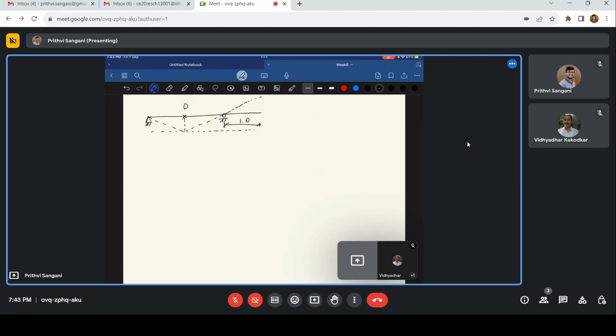So how much is this? This turns out to be 1.5 meters, and this is also 1.5 meters. So we'll just cross verify by using the actual ones. So we have A, D, D, B, and B, C.